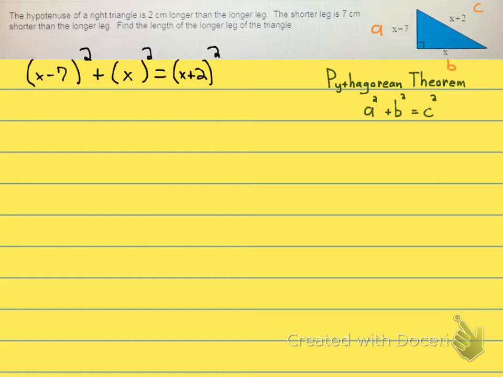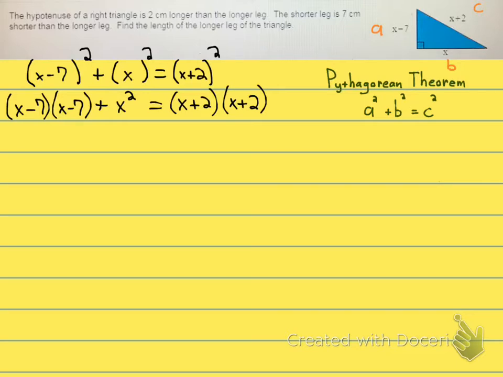All right, so here we have x minus 7 times x minus 7. You're going to see a lot of teachers not even show you this step. They're going to go straight from this to the trinomial. But I'm going to show you the FOIL step here. And then this x plus 2 squared is going to be x plus 2 times x plus 2. Let's go ahead and FOIL.